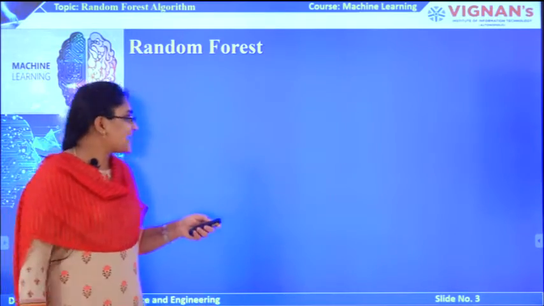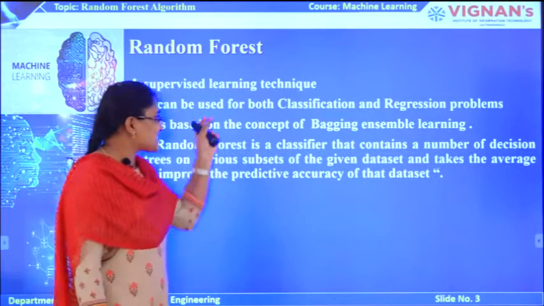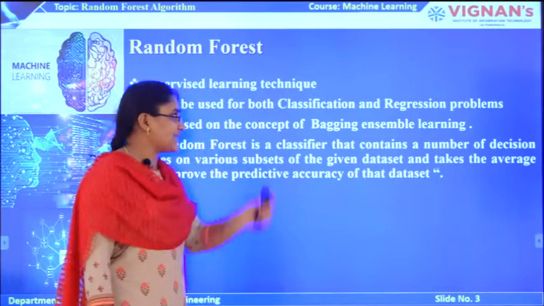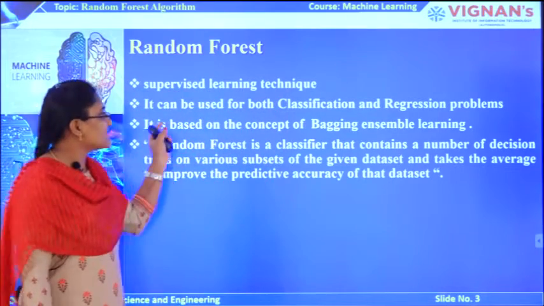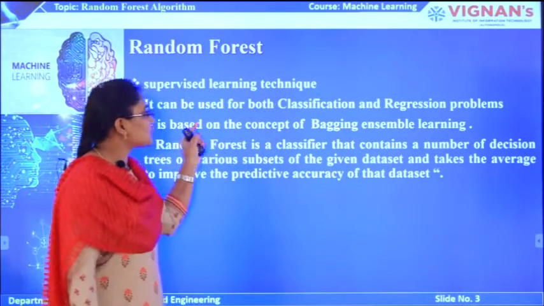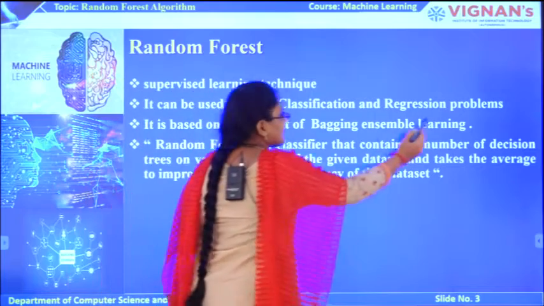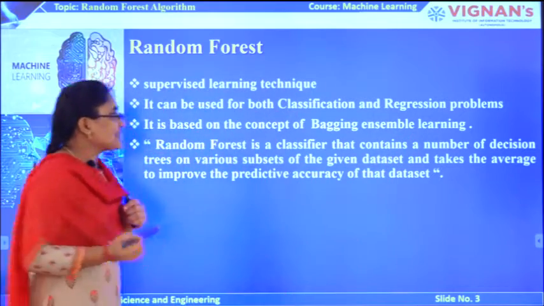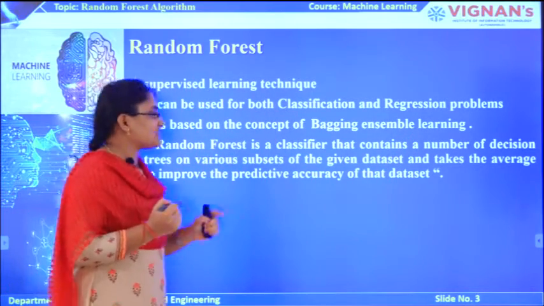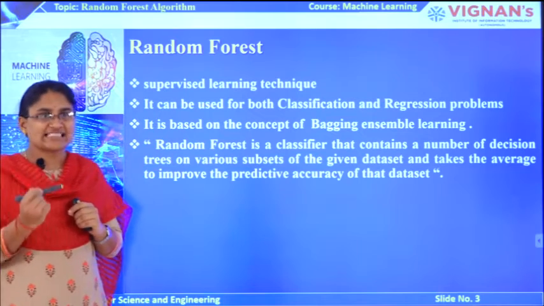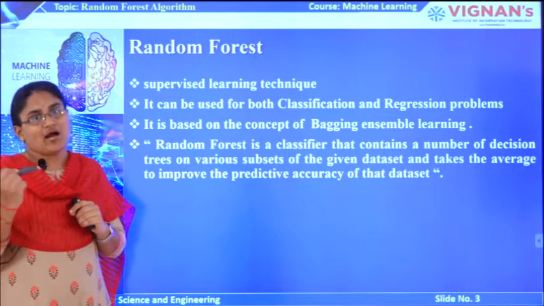The random forest is one of the supervised learning techniques, which can be used for both classification and regression problems. The random forest algorithm is an ensemble technique, a bagging algorithm.